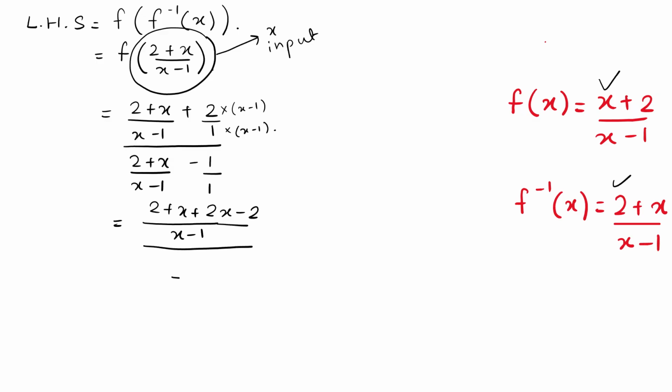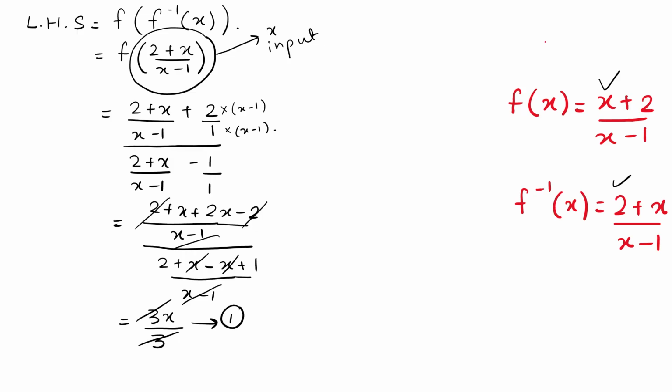And for denominator, LCM is same, which is x minus 1. x and x will cancel, and in the numerator 2 and negative 2 will cancel. So 3x over 3. The answer for left hand side is x.